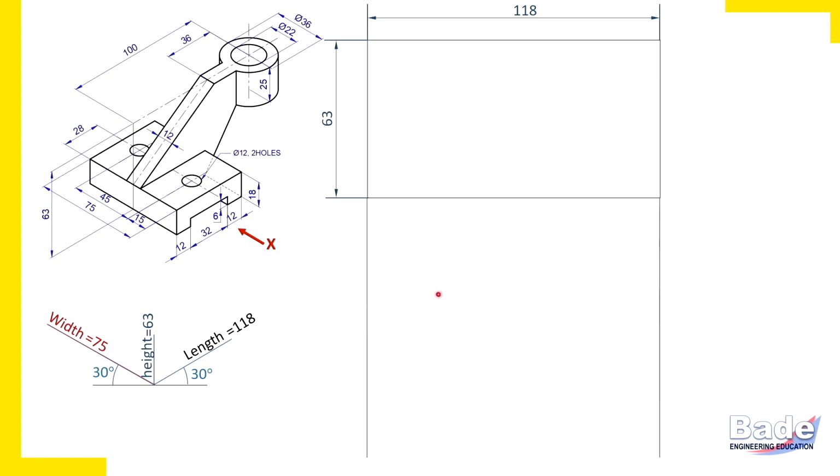So this is how we get length 118 mm in the top view. Now leave some space from this rectangle and then measure width 75 mm vertically. In the top view, width appears vertically, and then complete the rectangle. So this is a rectangular block in the top view.